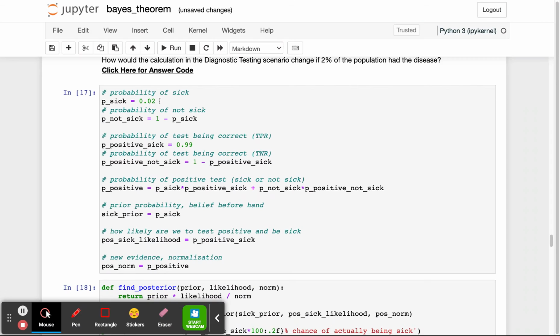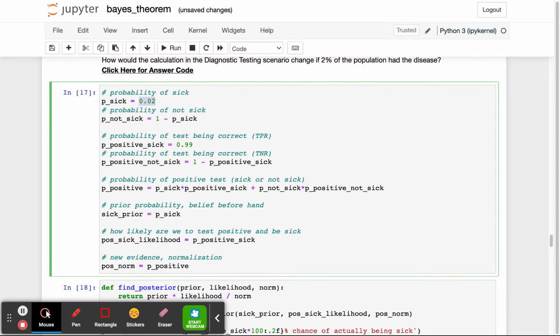Now, if the probability of the disease were higher, so instead of being 0.00001, it's now 0.02. So now we have the new probability for the disease. Everything else is the same.